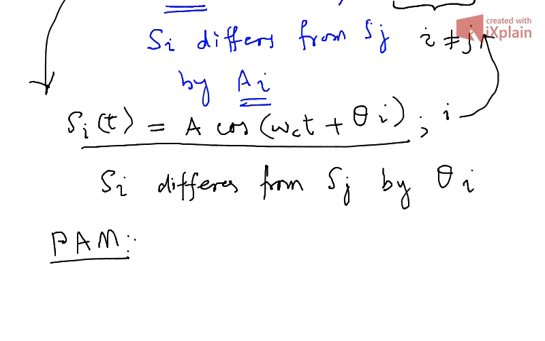Now we saw that the PAM signal is a one-dimensional signal. This is what we know from our previous knowledge.